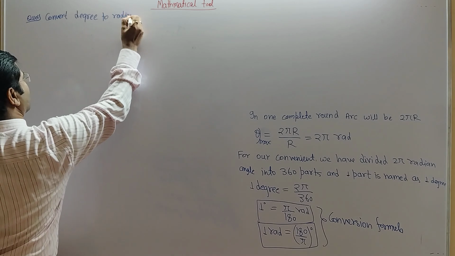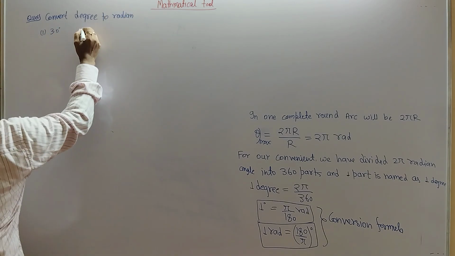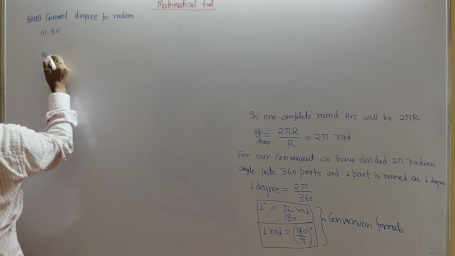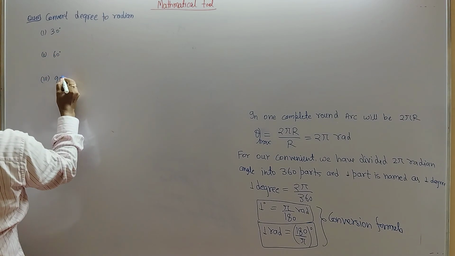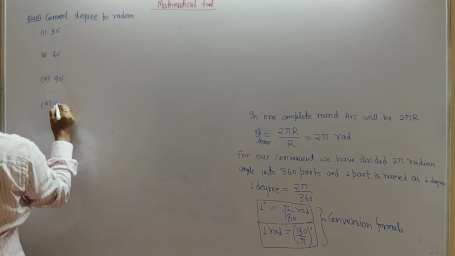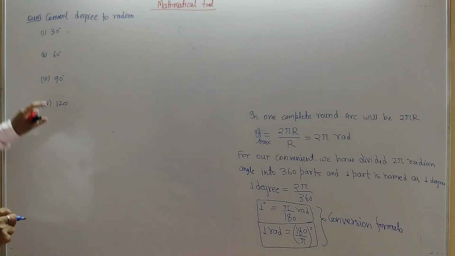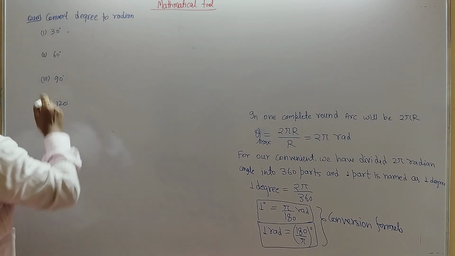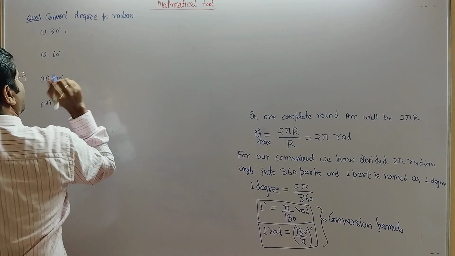Convert degree to radian: first 30 degree, second 60 degree, third 90 degree, and fourth, let's say 120 degree. So here, if you want to convert degree to radian, what would be the answer?